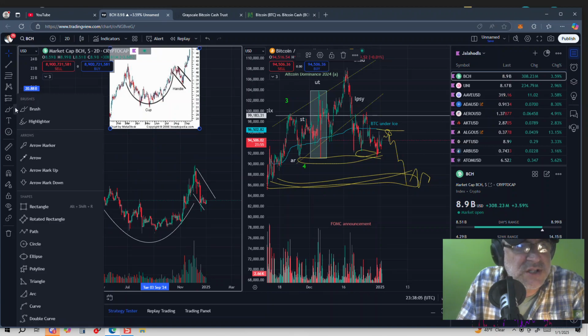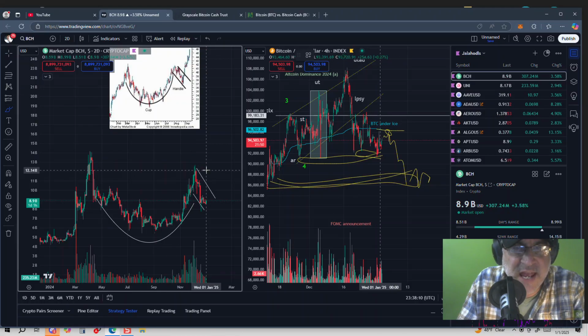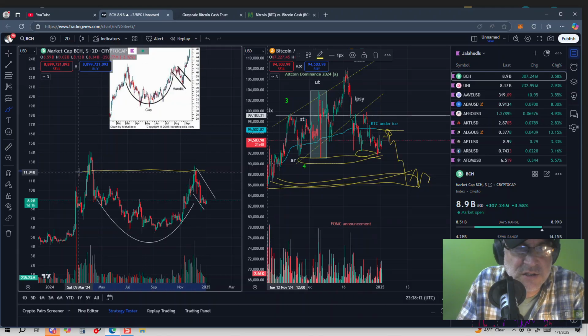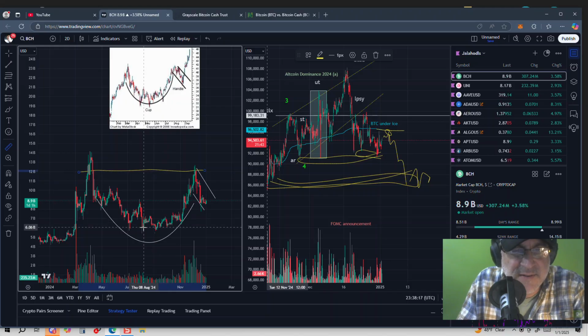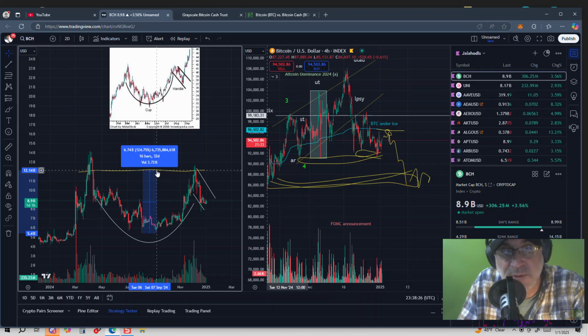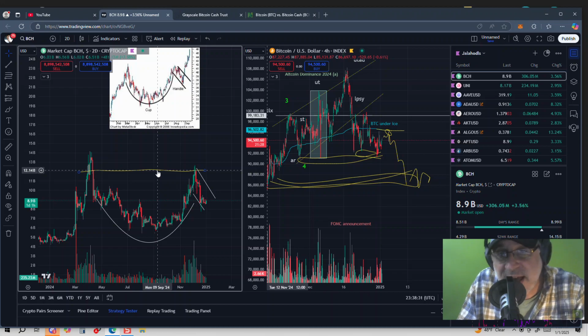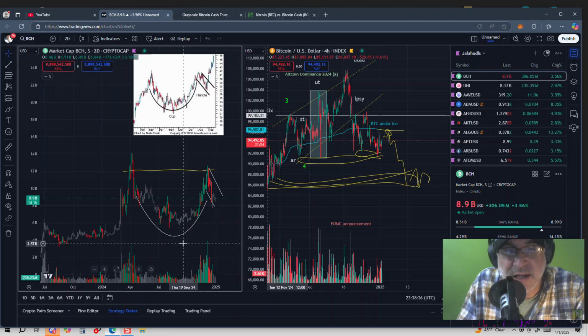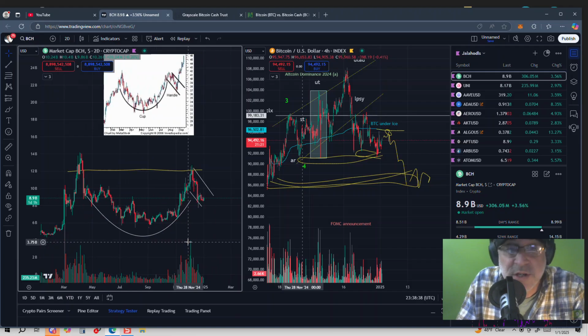What you could do is just draw a line from the top of the handle across like this, and the depth of the cup to this neckline area is basically what you can expect it to mark up from after we have a successful retest of the handle. And we're looking at about 124%. So this thing could actually mark up 124% during alt season.